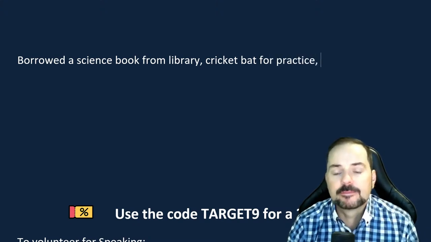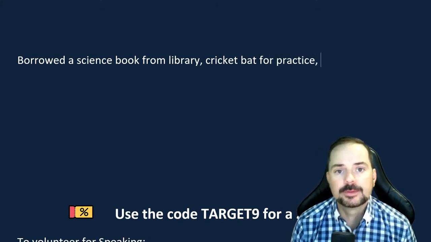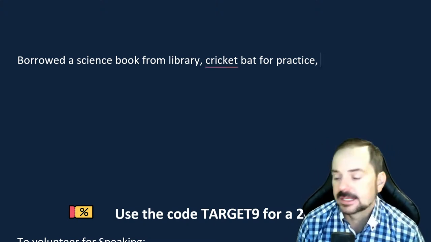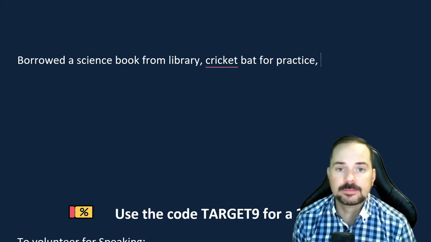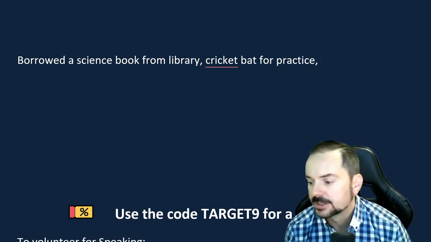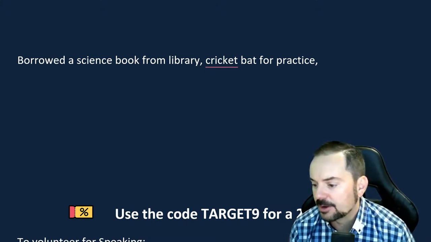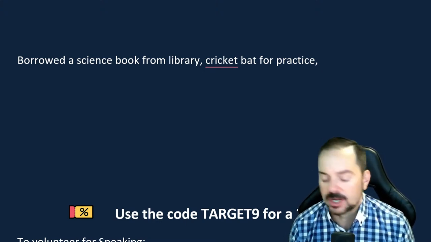Yeah, cricket bat for practice. Right, why not? It's a very common one, borrowing basketball or borrowing a cricket bat for practicing or for having fun or for maybe a tournament on the weekend. Baljeet says a Harry Potter book. Yeah, or a paintbrush.